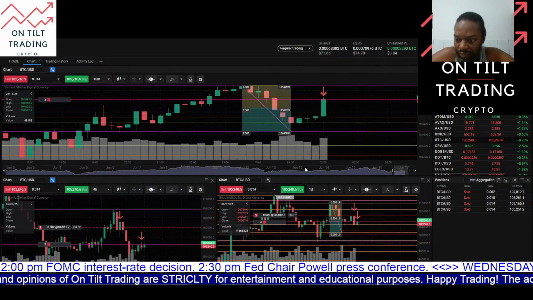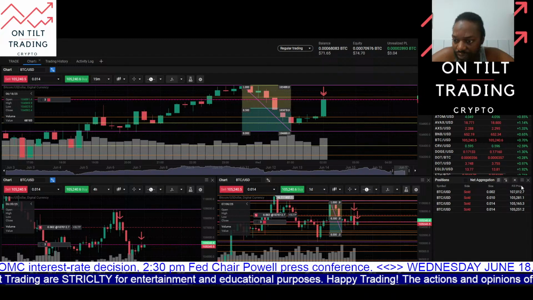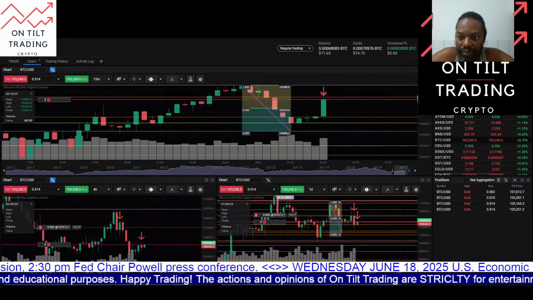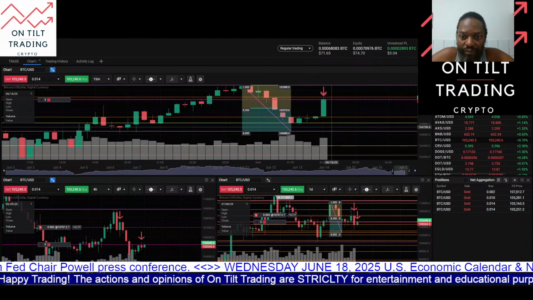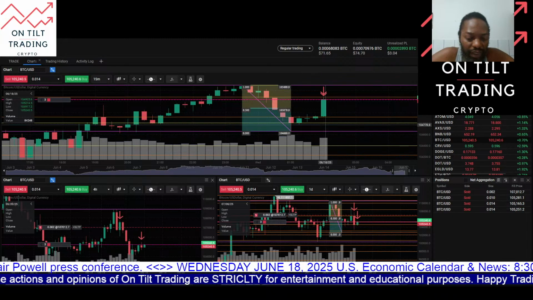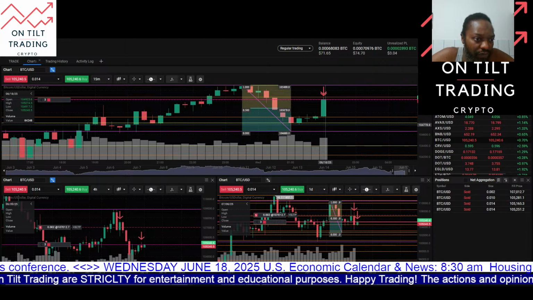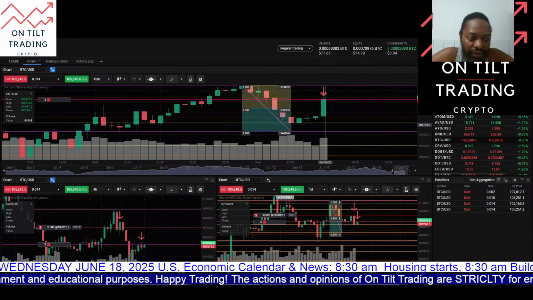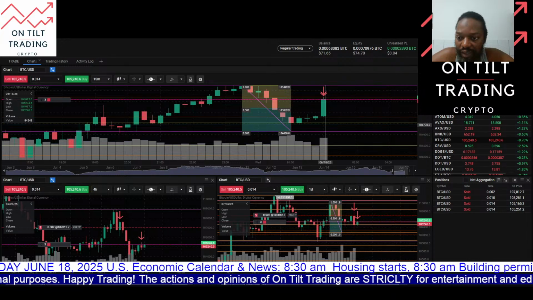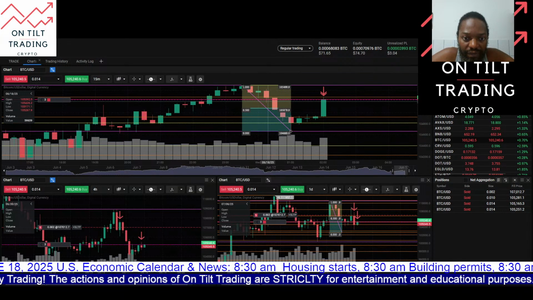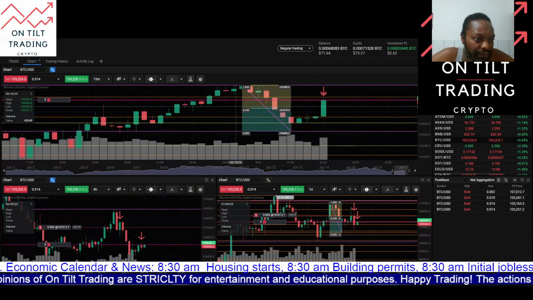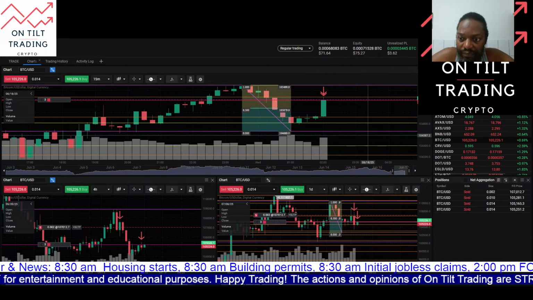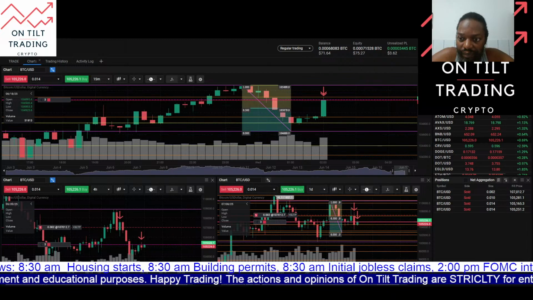So I was able to get that entry at 251.2. And we have a reaction off of that 105,274.5. So let's call it 105,275 level. Having a reaction off of that. Price being delivered to the sell side currently.